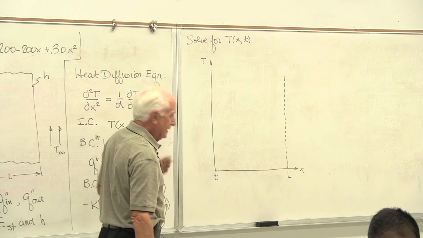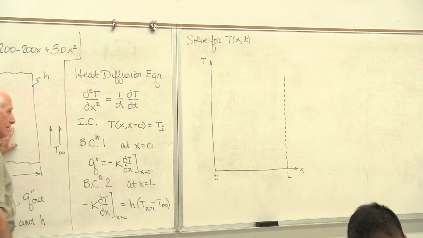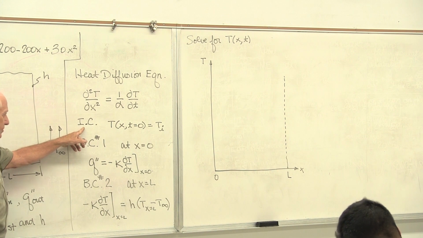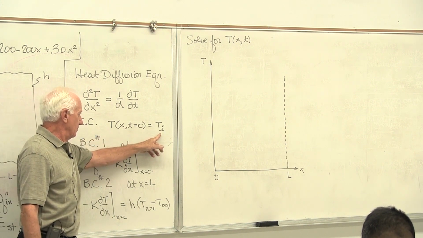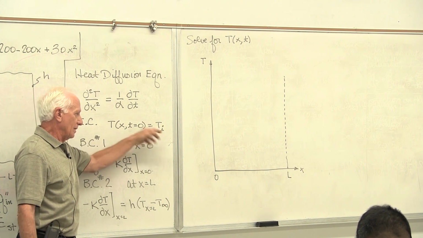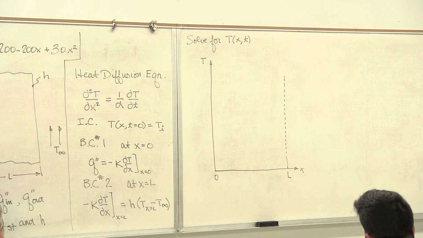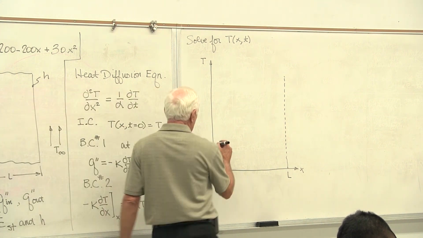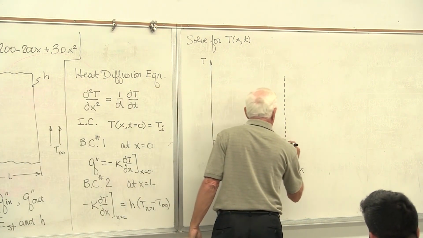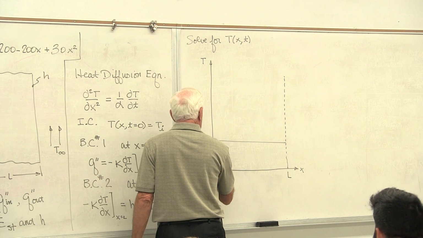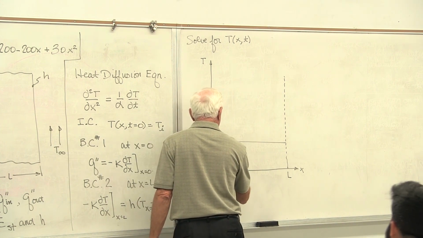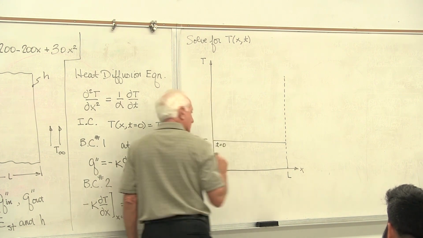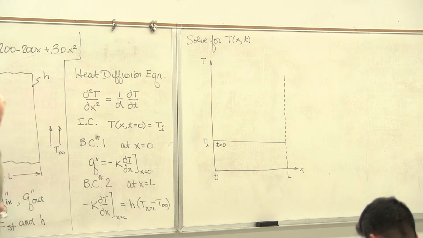We're going to assume that this particular body starts out at an initial condition where the temperature is constant at Ti, and we're going to assume it starts out cooler, and then we're going to apply a heat source to it. So it starts out cool. So here's where it starts out, T initial. And that's time equals 0. So at time equals 0, we know the temperature is a constant at Ti.